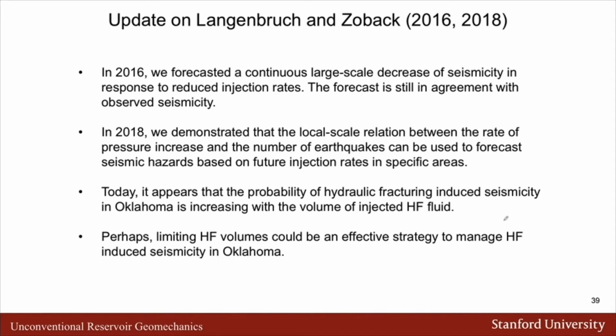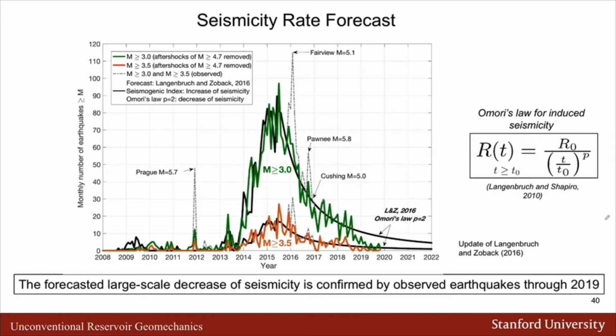But what's happening now also, as I commented in the previous unit, is while the earthquakes associated with the fluid injection are going down, the hydraulic fracturing-induced earthquakes are going up. And now we'll wind this up by demonstrating that perhaps the seismogenic index model is applicable to hydraulic fracturing earthquakes as well as earthquakes that are produced by produced water injection.